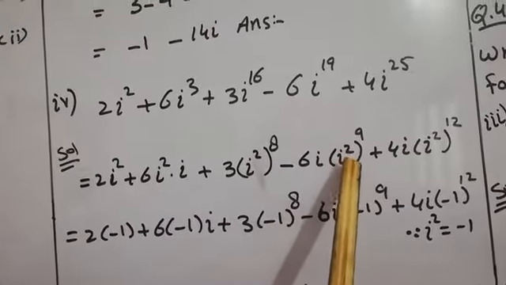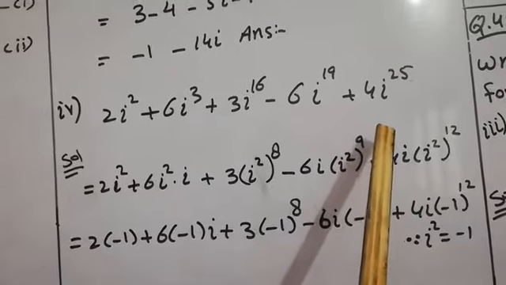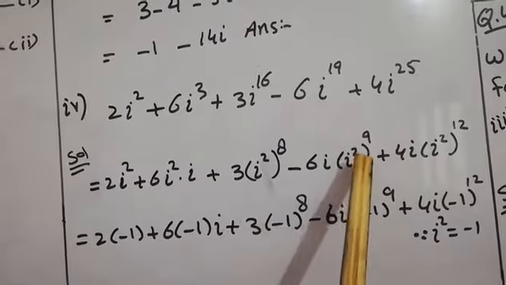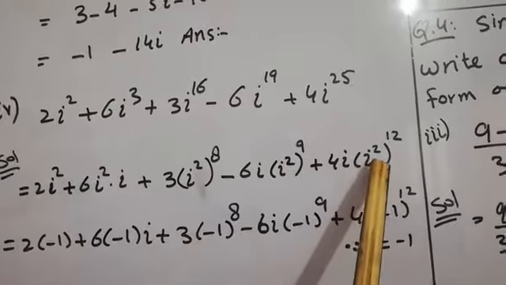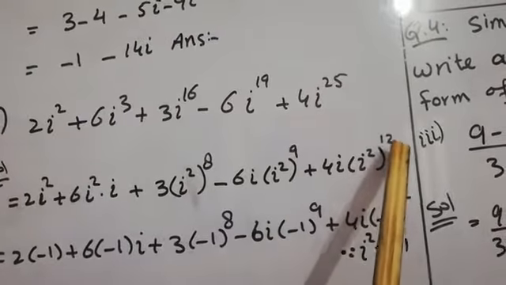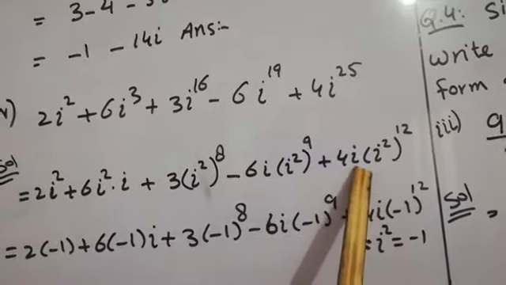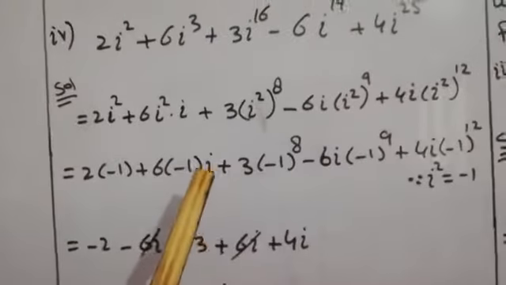This will be iota square into iota, iota square raised to power 9, 9 twos are 18 and 1 is 19, and this will become iota square raised to power 12, 12 twos are 24, and 1 iota is 25.